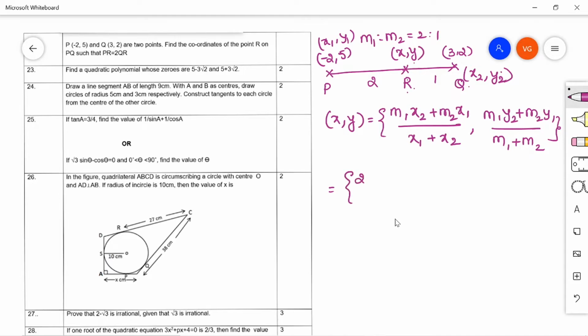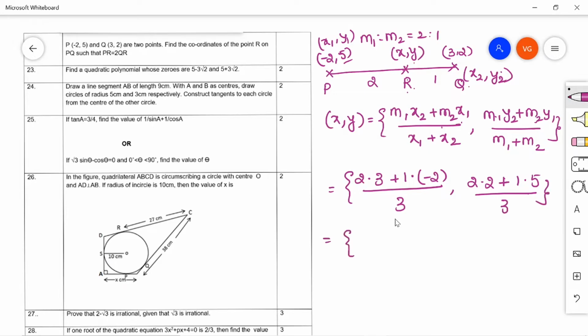This is 2 into x2 is 3, plus m2 is 1 into x1 is minus 2, divided by m1 plus m2, 2 plus 1, 3, comma, again, m1 is 2 into y2 is 2, plus m2 is 1 into y1 is 5, divided by m1 plus m2, 3 here.